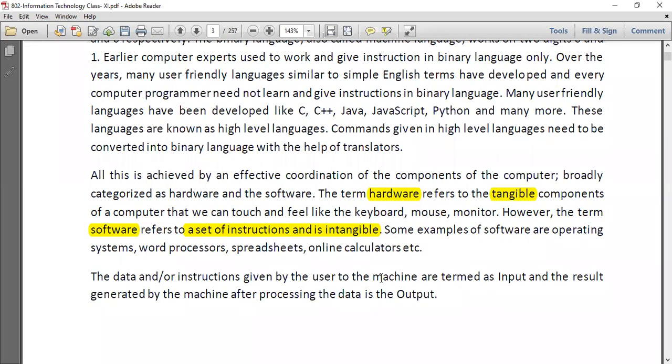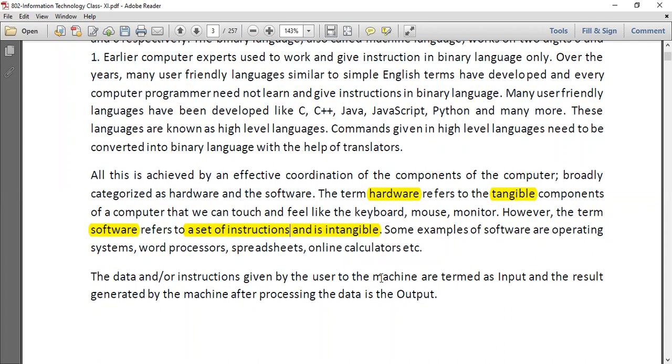Fine. अब मैं यहाँ पे एक चीज और ऐड अप करता हूँ कि जो सेट ऑफ इंस्ट्रक्शंस हैं, उनको हम बोलते हैं प्रोग्राम्स. A program is a set of instructions, and when we combine many programs, or we are dealing with a set of programs, that is called a software.